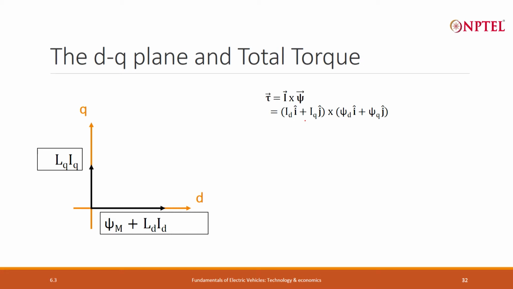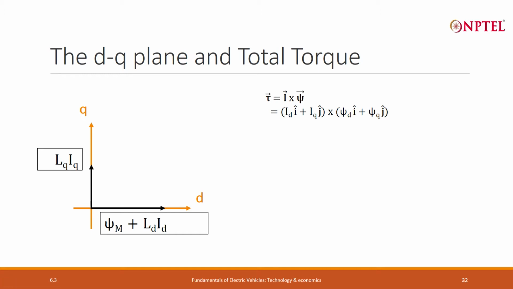from the permanent magnet. I simply treat everything as flux, and we know that the permanent magnet flux is along the d axis, and the permanent magnet flux is not dependent on the current.